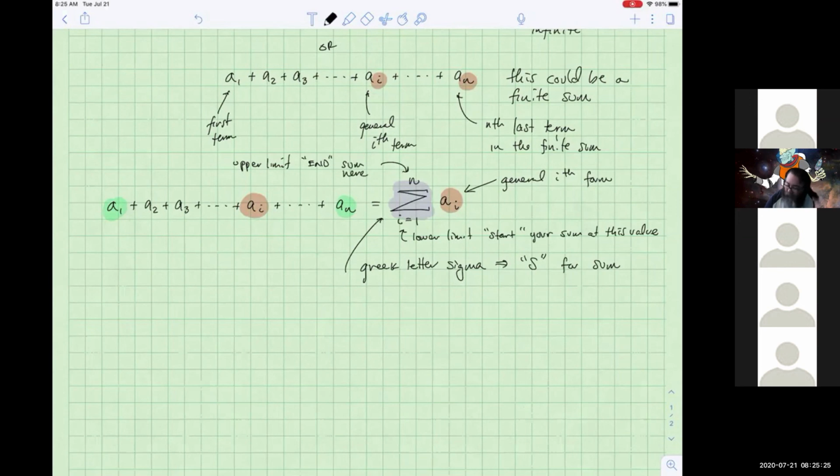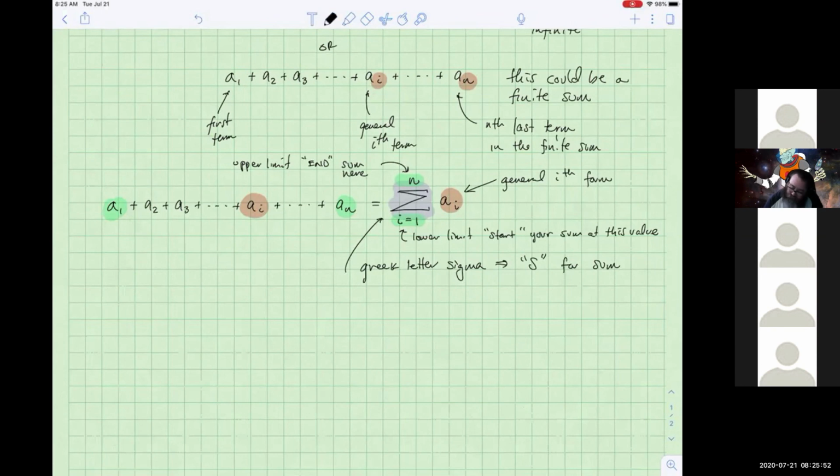So that's compact notation for start at a sub 1 and finish at a sub n. And that is, oops, I guess I should have color coded that better. So the notation on the right is shorthand notation for that big old sum on the left.